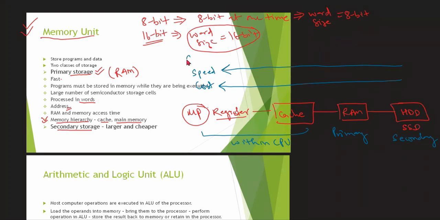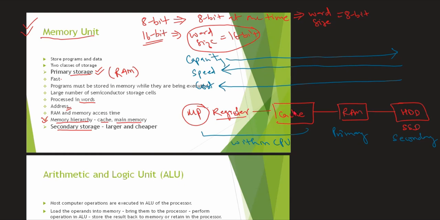And one more term is capacity. Capacity is always higher in the hard drives. The hard drive has the higher capacity, but its speed is low and its cost is low. RAM has lower capacity than the hard drive, but it has higher speed and higher cost.